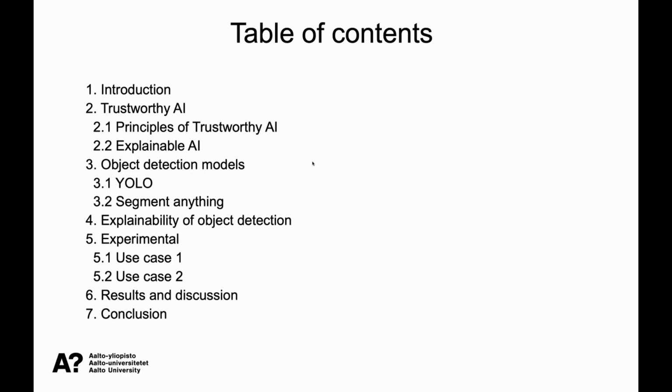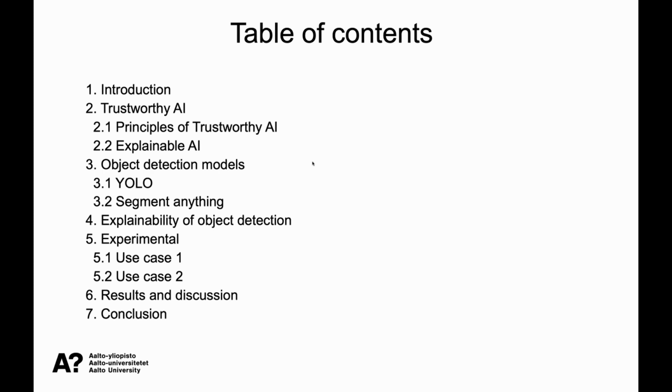From what I see, a research question could be: what is the state of the art in explainability for object detection? And then you could start from there and say, I'm interested in specific object detection applications, so you could narrow it down.